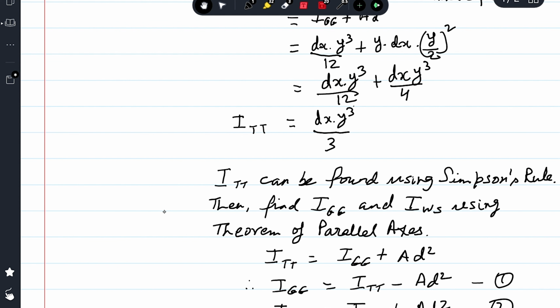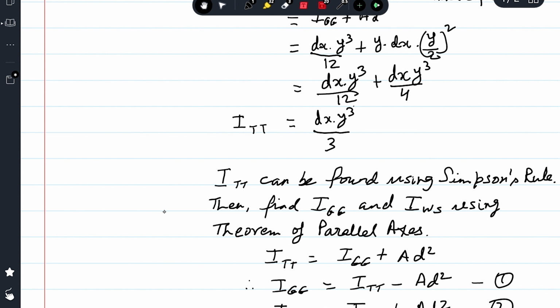The moment of inertia about the tank top is always equal to the moment of inertia about the centroidal axis IG plus AD squared, the area of the bulkhead times D squared, where D is the distance of the centroid below the tank top.